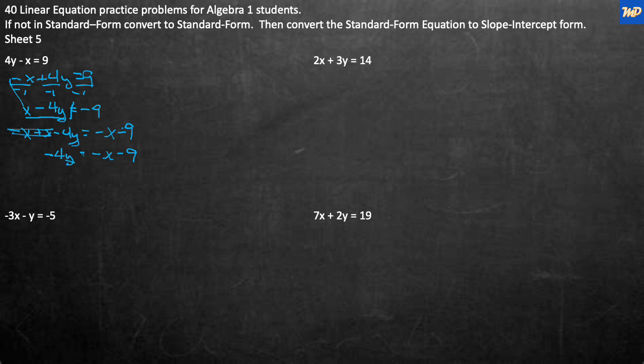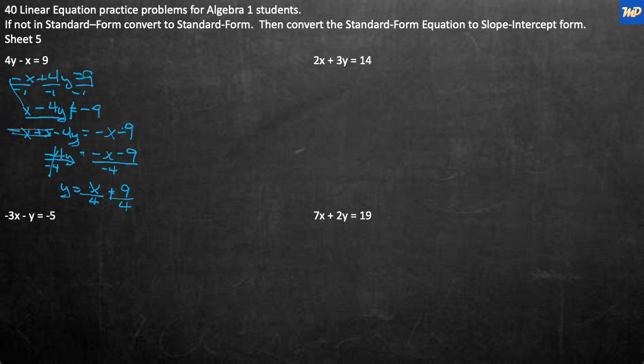We're going to divide this side of the equation by negative 4. And in doing so, the negative 4's will cancel. We'll end up with a y. And the negative x divided by negative 4 is going to be equal to x over 4. And the negative 9 divided by negative 4 is going to be equal to a positive 9 over 4.